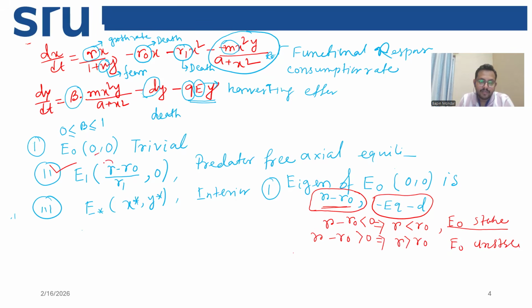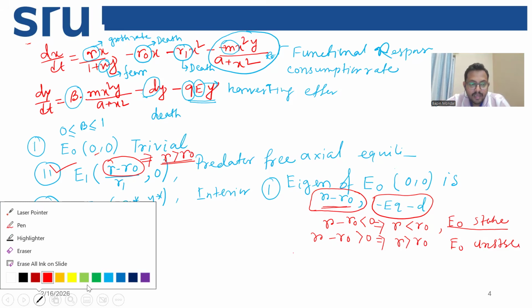Existence of U1 means this equilibrium exists if and only if R is greater than R0. So if R is greater than R0, E0 is unstable. If R equals R0, E0 is also unstable.